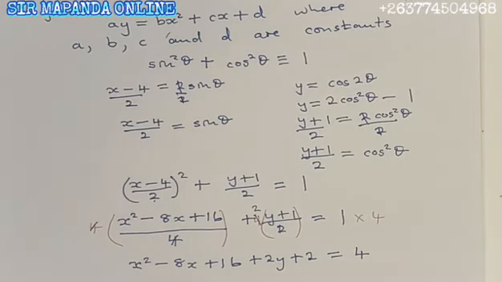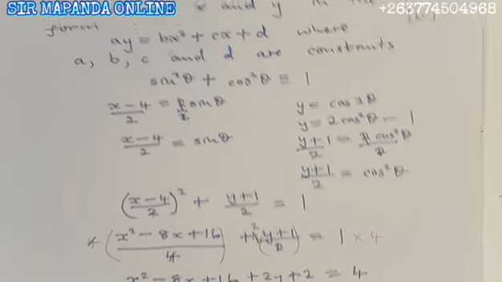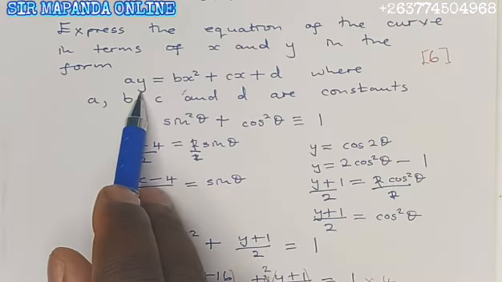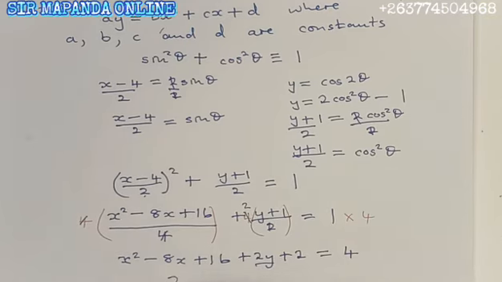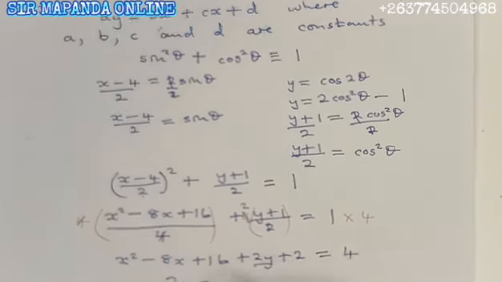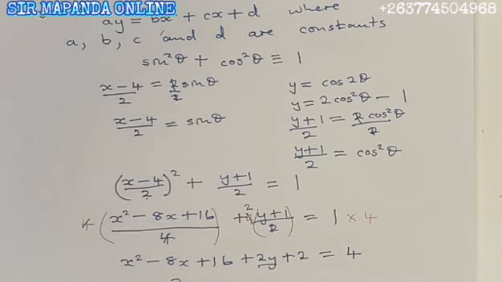Right. So we are now collecting like terms, but remember, we want to leave ay on the left side. Our ay in this situation is the 2y, so I'm going to leave 2y on our left, right? Then the first term on the right is a term in x squared.